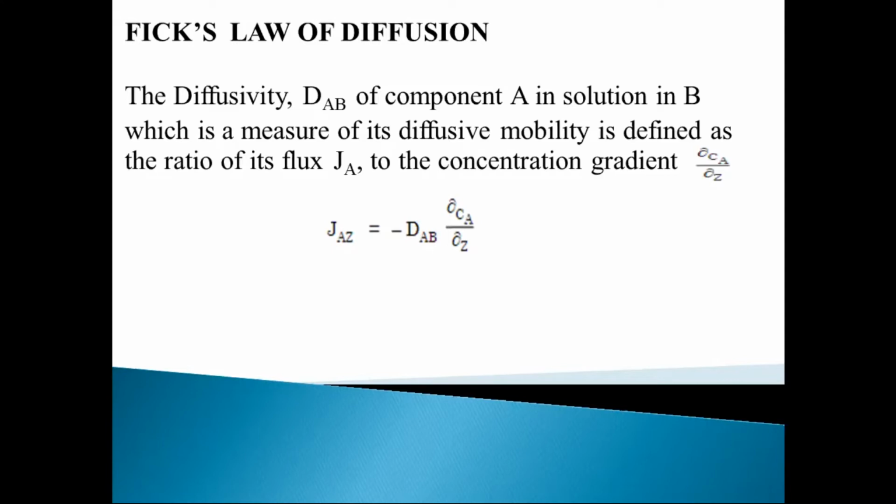Listen properly. This is very important because this question always asks for 4 or 5 marks in MSc, and in GTU it can be asked for 7 marks as well. So what is the meaning of JAZ?